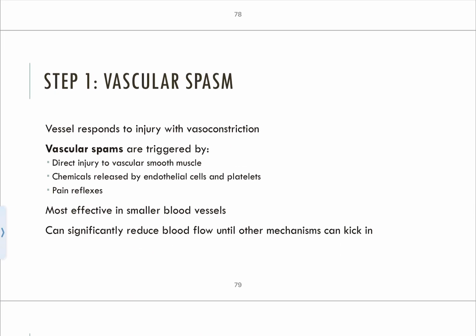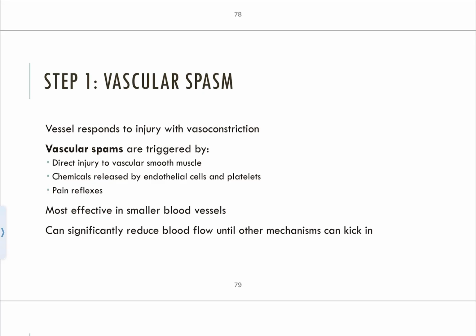So the first step is vascular spasm, and anytime our endothelial cells or our tissue in our blood vessels is damaged, the response to that damage is going to be for the blood vessel to constrict, so vasoconstriction. A lot of different things can trigger vascular spasms, so direct injury to the smooth muscle within the blood vessel itself.